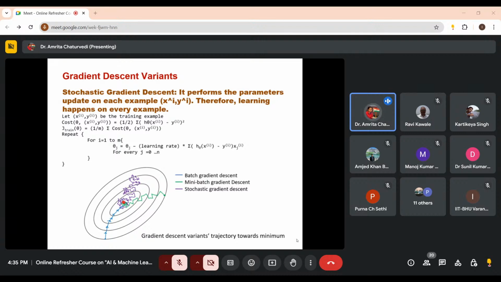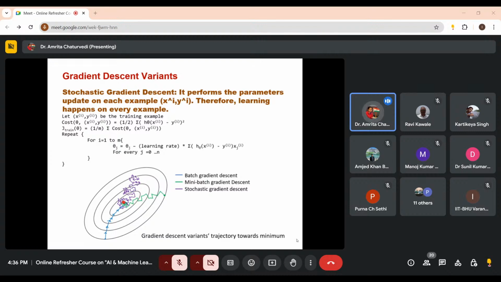So let xi, yi be the training example, and your cost is given as 1 by 2 into (h theta xi minus yi) whole square. Then your cost function is 1 by m summation cost theta, and then you again calculate, repeat the same steps. Instead of forming batches this time, you are doing it for each and every instance in the data set, right?